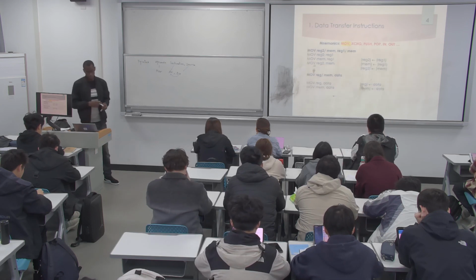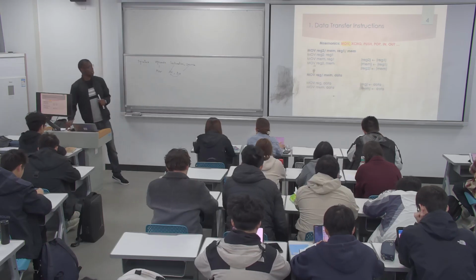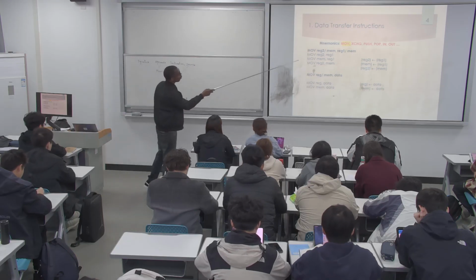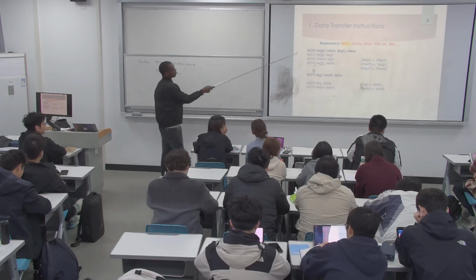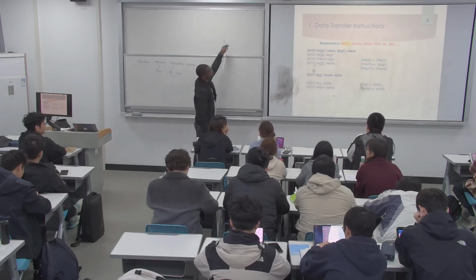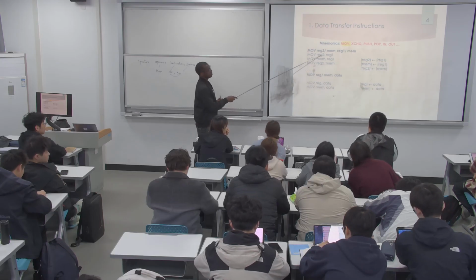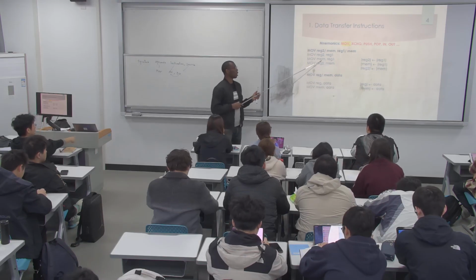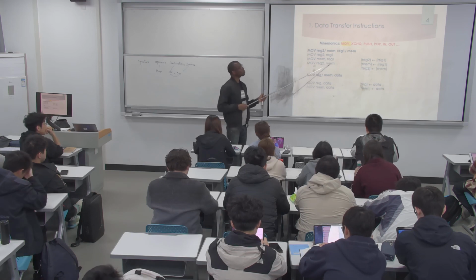We have the move instruction, which is the opcode for data transfer. Here we move the content from register 1 to register 2. Or we can move the content from a register to a memory location, or the content stored at a memory location to a register.